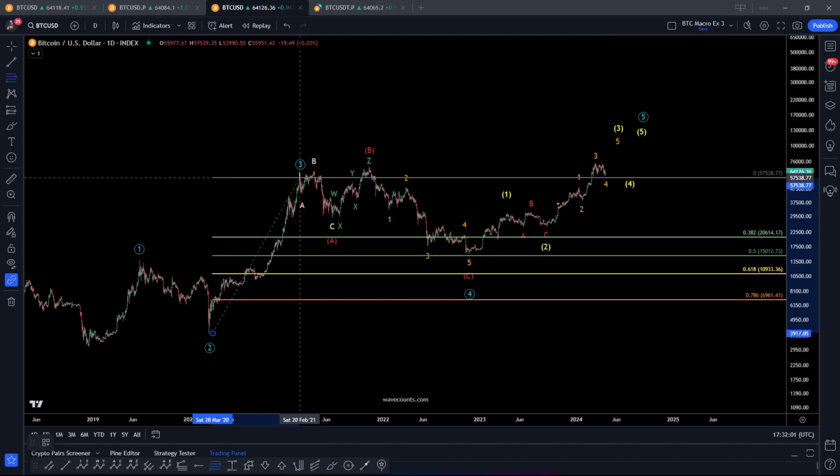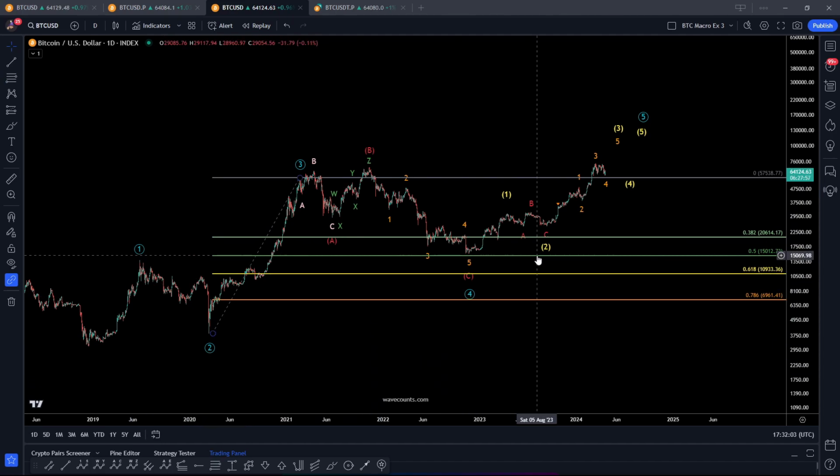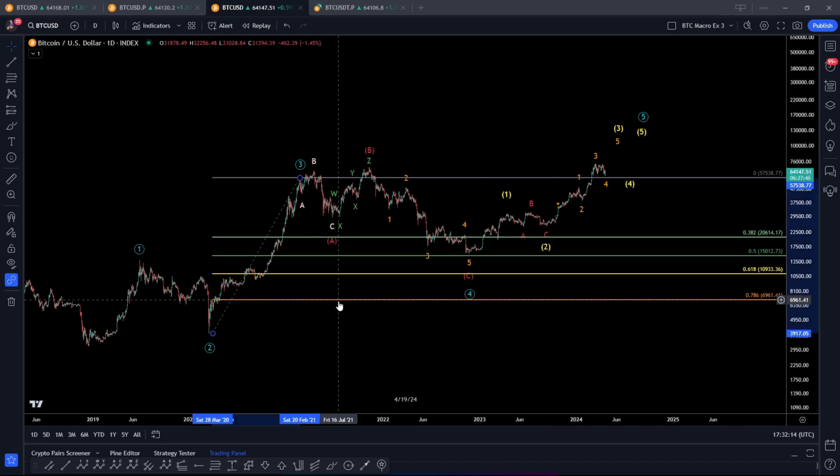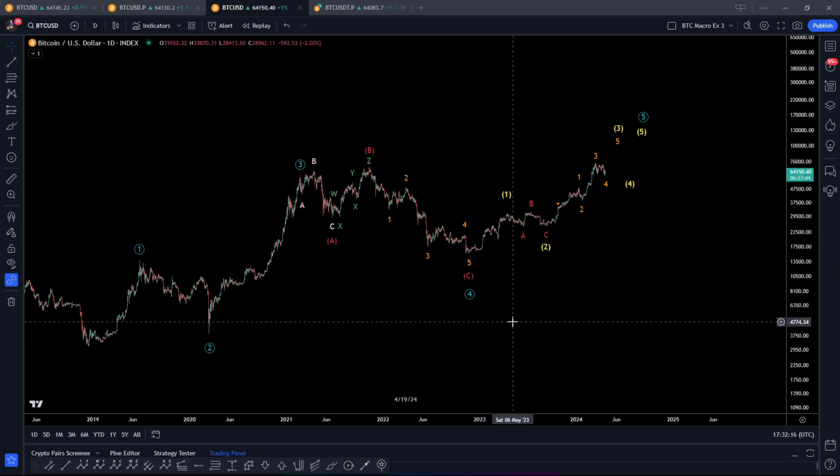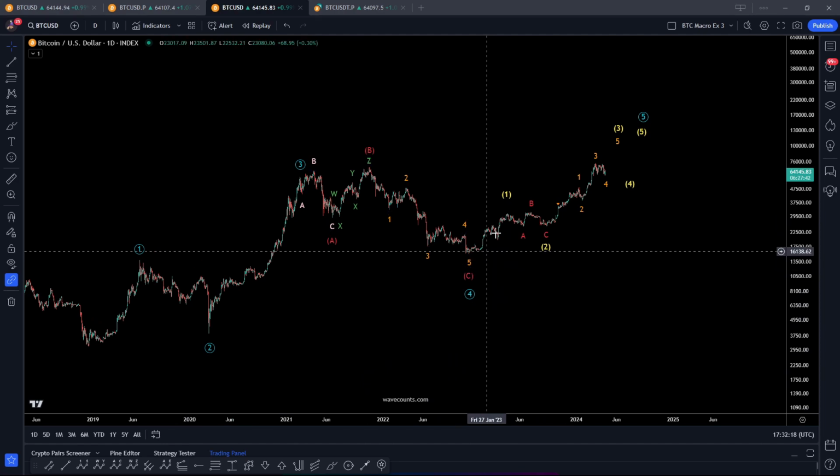If I can zoom in on it, there we go. I'm in the ballpark, all right? And we could see that this 4th wave ends almost smack dab on the 50. Okay, but between the 50 and the 38.2. So that lends some credence. And now we're working on the 5th.